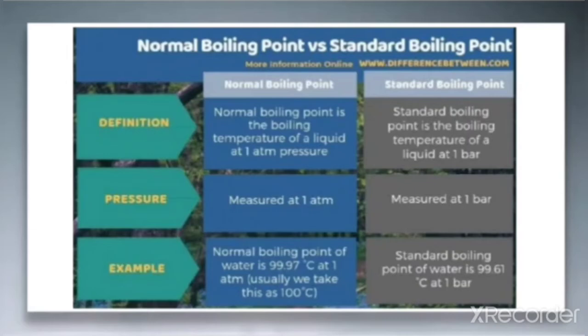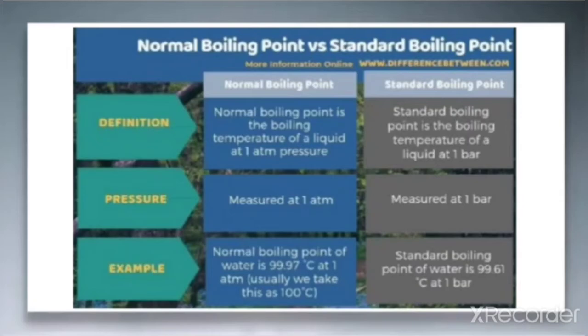If that external pressure is 1 atm, it is called the normal boiling point. If that external pressure is 1 bar, it is called the standard boiling point. So the standard boiling point is the boiling temperature of a liquid at 1 bar.